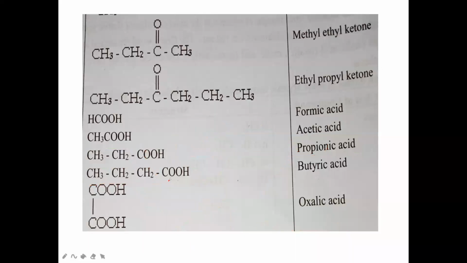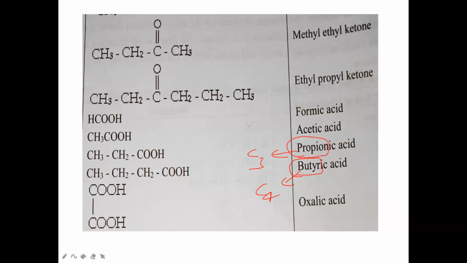Next, now here butyl. Butyl means what? C4. C4H9 is butyl. Generally, whenever 4 carbons are there, we say butyl. Butyl is used for C4. Propion is used for 3 carbons.